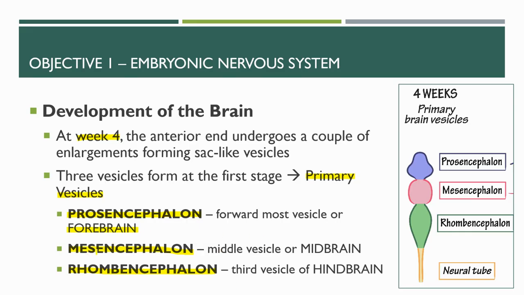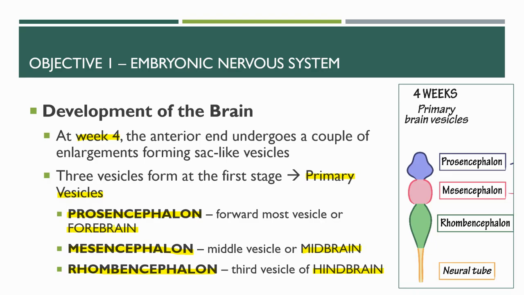The mesencephalon, mes often refers to middle, so the mesencephalon is going to be the one in the middle, and it's going to become the midbrain. And then the rhombencephalon, this actually refers to a square, so it doesn't have any relationship to hindbrain, but the rhombencephalon is going to be the 3rd vesicle, and that's going to be the hindbrain.